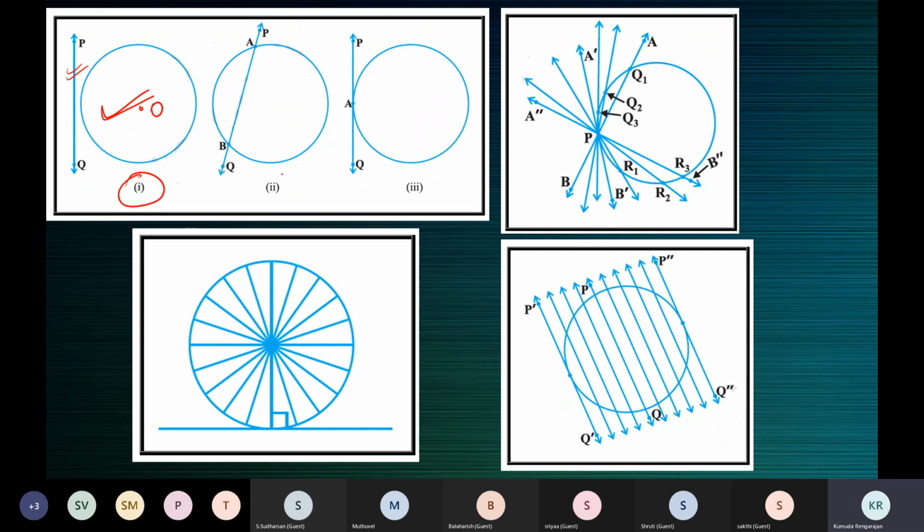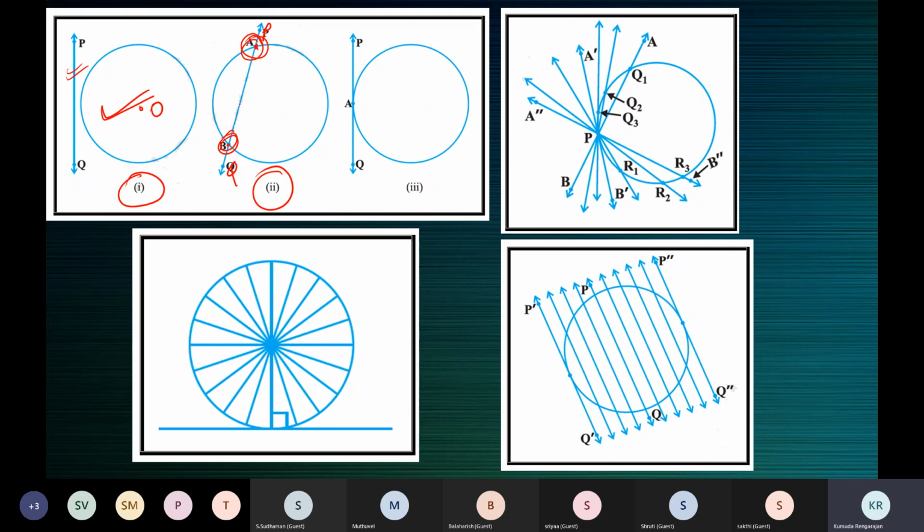So look at this figure here in 2. If the line were to intersect the circle at 2 points A and B, the same line, this line PQ, intersects the circle at 2 points A and B. Now, there is some term which is used in connection with the circle and this line.